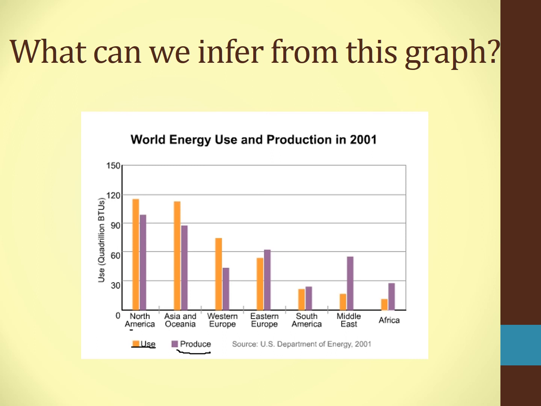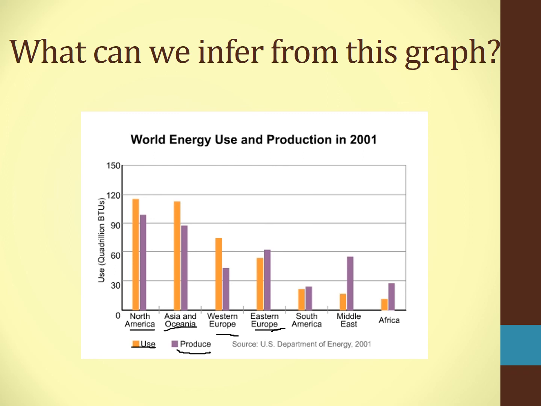If you look here in North America, I can see the yellow bar is more than the purple. So we're using more energy than we're producing. Same in Asia, same in Western Europe. Now, Eastern Europe, they're on the positive side.